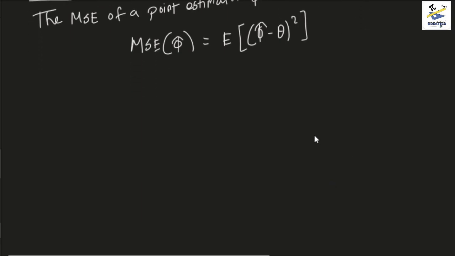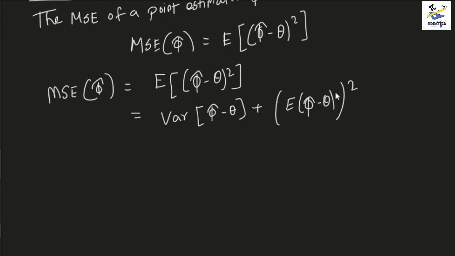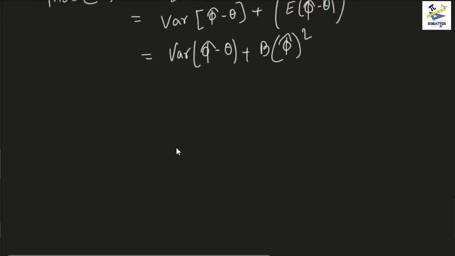Also, what we can find out from this is that the MSE is basically equal to the variance of the estimator plus the bias of the estimator squared. This is another way to find that.